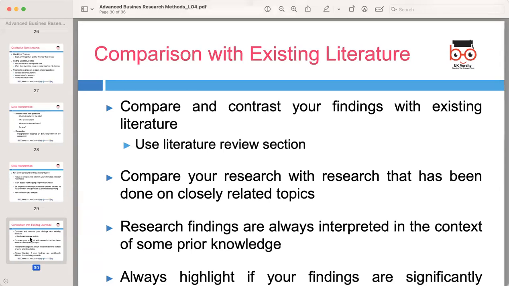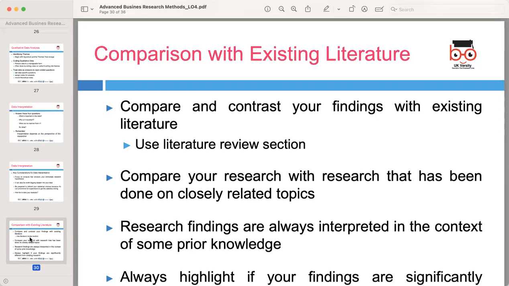These similarities validate our findings and provide additional support to the existing body of knowledge. So it is very important to note that our research also revealed some significant differences from the previous studies. Research findings are always interpreted in the context of some prior knowledge.